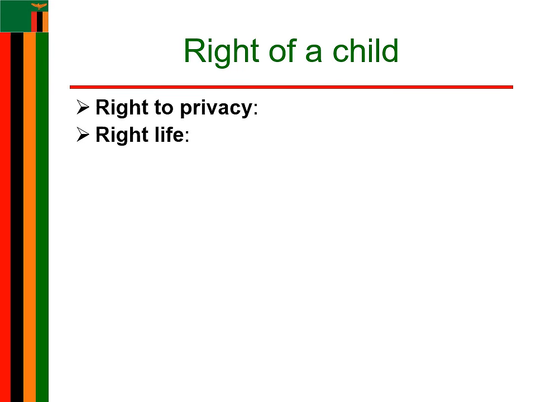Another right of a child is right to life. Like any other person, this is a fundamental right, and it should be taken to preserve the life of the child.